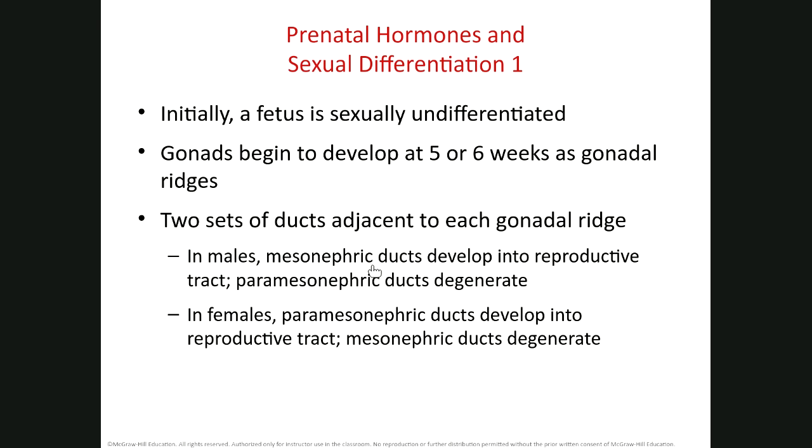In the female, it's paramesonephric. If you turn into the male, then the mesonephric dominates and grows, while the paramesonephric degenerates. If you're a female, the paramesonephric develops, while the mesonephric of the male potential degenerates.